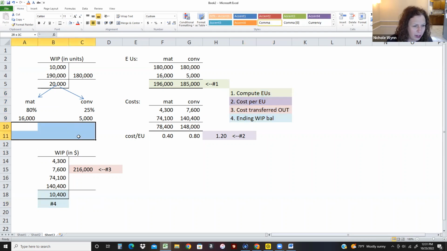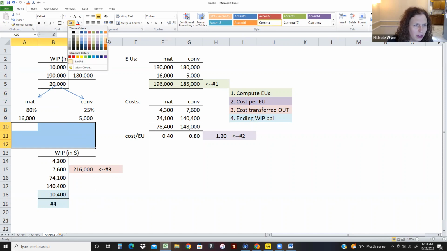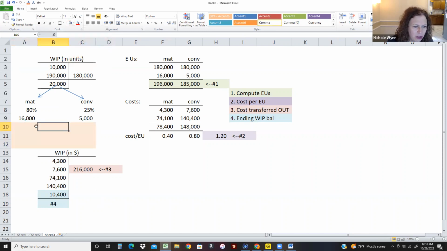So I am going to go ahead and do the check. And you don't have to do the check. It's just something I like to do, because if I do it, then I can feel like I have my answer right. So to do the check, you are going to do 16,000. These are material, like ending equivalent units, 16,000.